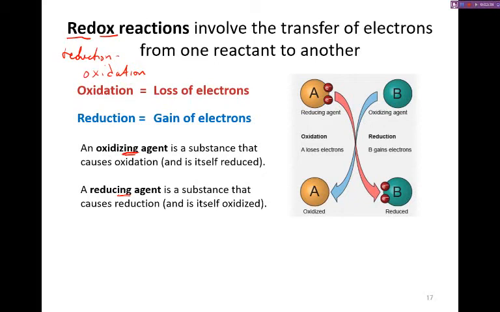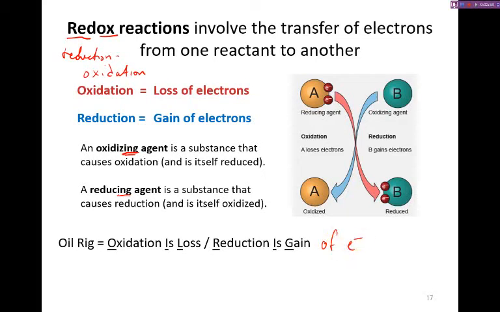And there's some mnemonics that you can use that will help you to remember these different processes. One is OIL RIG. And so taken apart, we can write that as oxidation is loss, reduction is gain. And of course, it's implied that these are both talking of electrons.